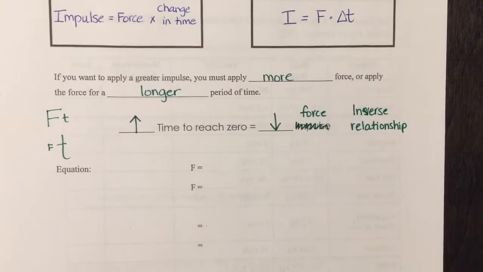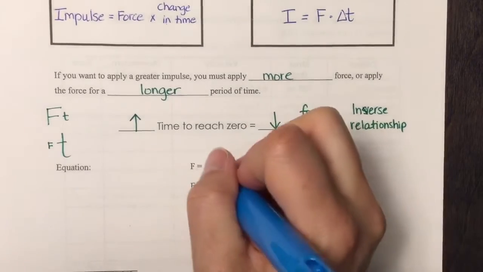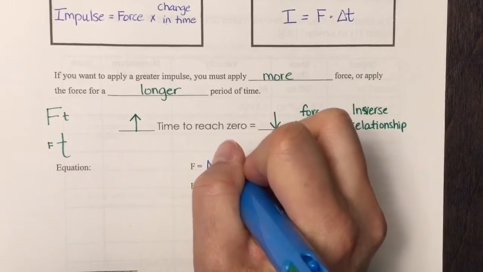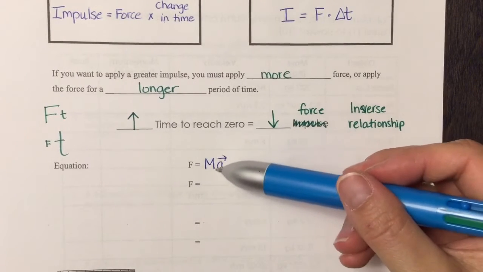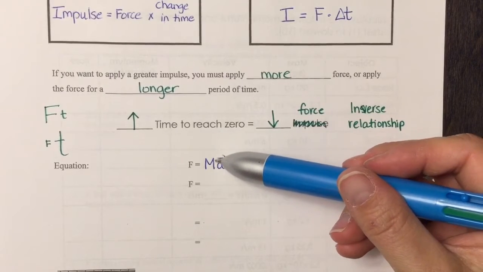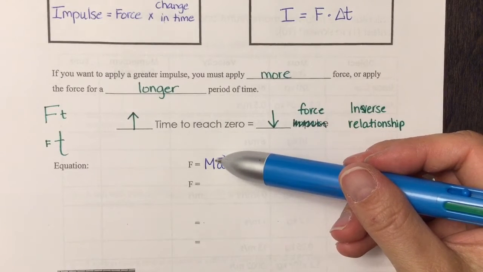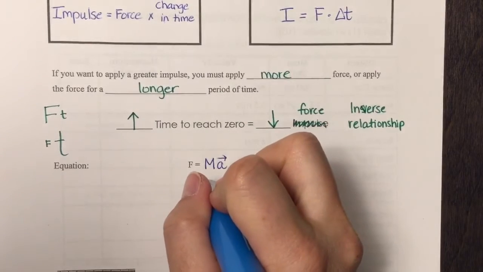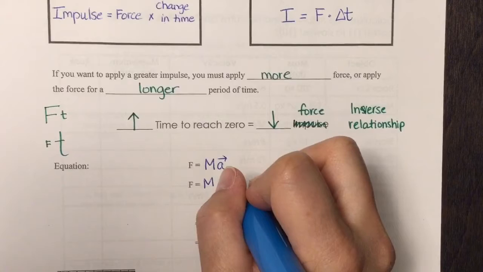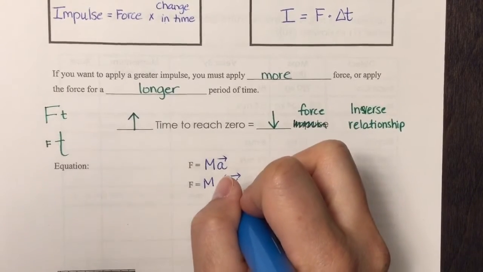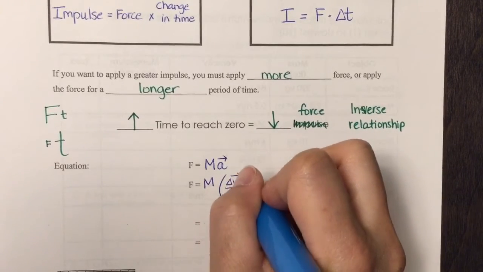Okay, so let's take a look at the math just a little bit closer here. We know already that force equals mass times acceleration from Newton's second law, right? But we also know that acceleration is a change in our velocity, right? So force also equals mass times a change in our velocity over our change in time.